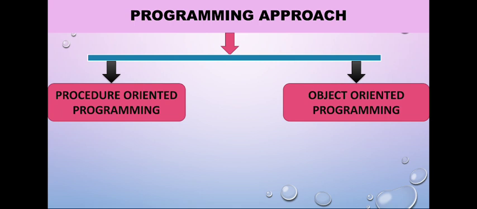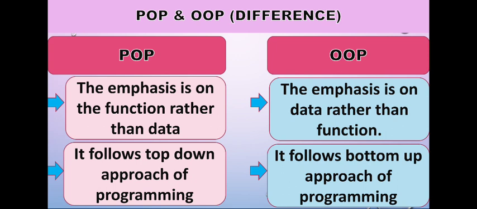Now come to programming approach. Basically there are two types of programming approach. One is procedure-oriented programming, another is object-oriented programming. Look at the difference. In procedure-oriented programming, more emphasis is given to the function rather than data.